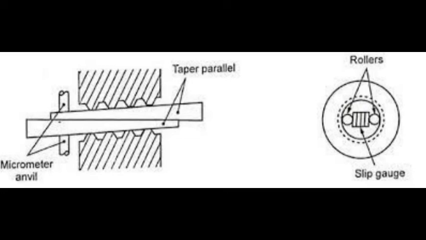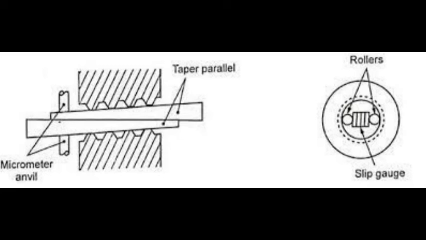Now, by using rollers and slip gauges, this method is used for diameters more than 20 mm. In this method, precision rollers are inserted inside the thread, and proper slip gauges are also inserted between the rollers so that firm contact is established.